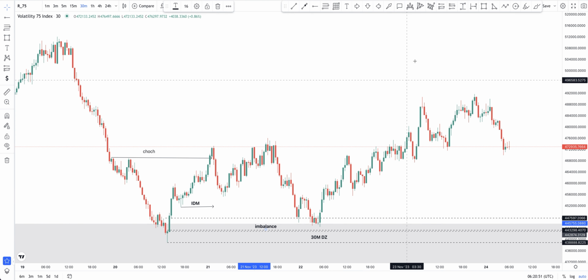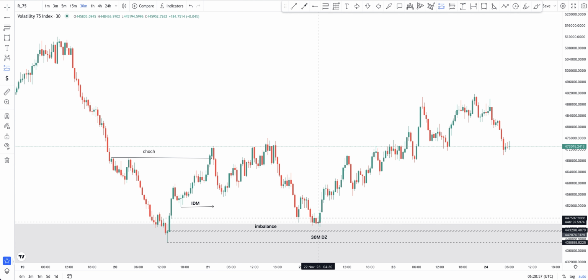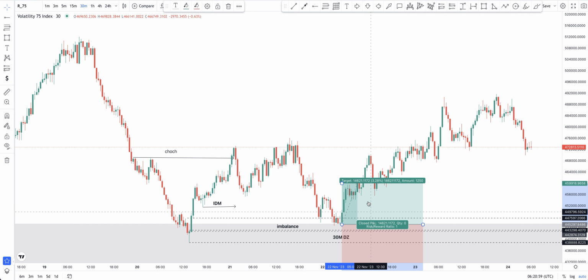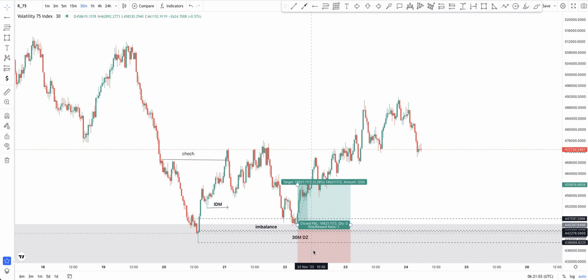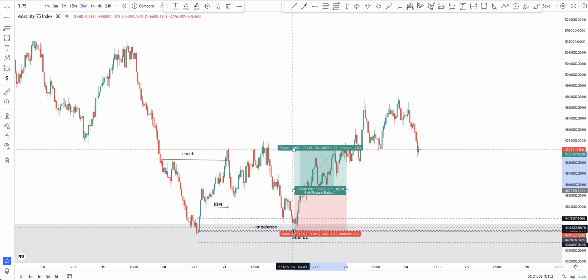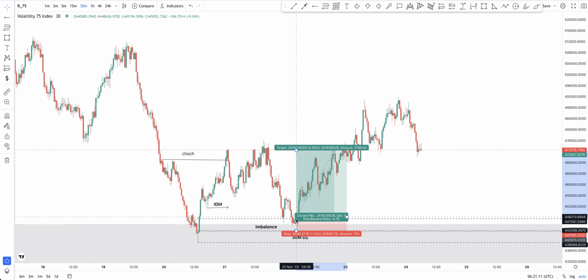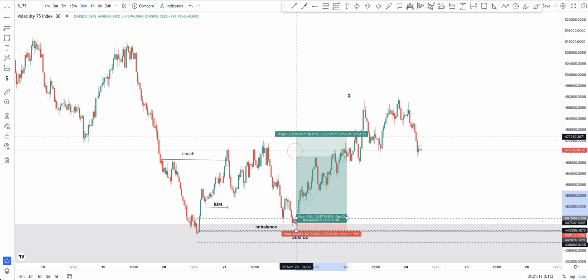So when we took our entry from here, for now we caught almost, let me use my long position tool too. We took our entry from here. Immediately price entered into our institutional reference point, which is the imbalance zone, we took our entry. So we took our entry there to this point.